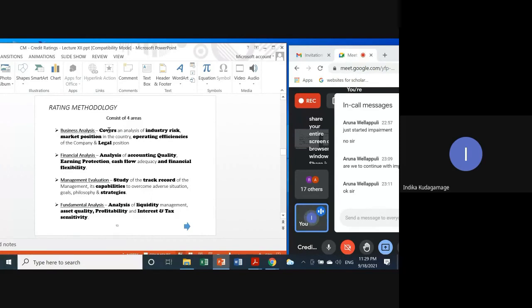Business analysis covers an analysis of industry risk, market position, operating efficiencies, legal positions, like that. Financial analysis covers accounting quality, earnings protection, cash flow, and so on. Like that, you have different categories.